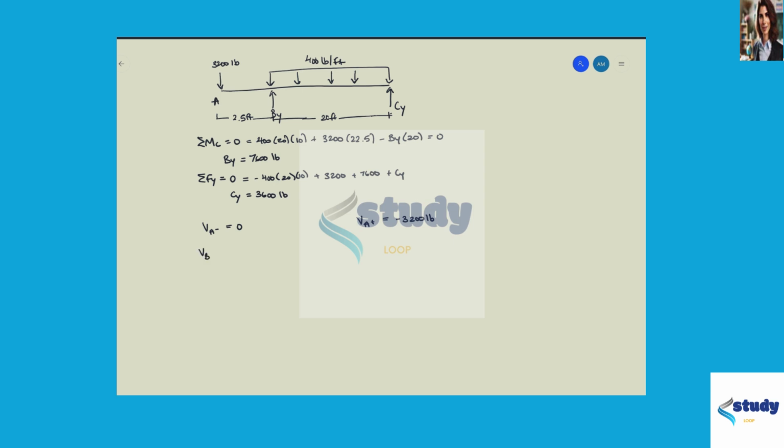VB on the left is negative 3,200. And on the right, we have negative 3,200 plus B in the y direction, which we solved for. And that is equal to negative 3,200 plus 7,600. And we get 4,400 pounds.